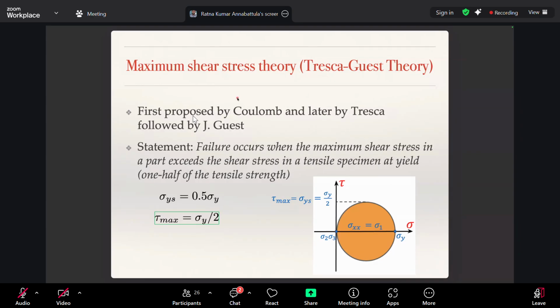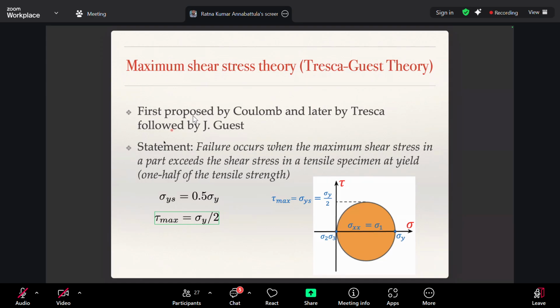This was first proposed by Coulomb, and later improved in its description by Tresca and Guest, and hence the current version that we are using for ductile materials is called Tresca-Guest theory. In the beginning, with Coulomb, it was mostly on soils. They used the shear stress theory, but for metals, ductile materials, the description was mostly formulated by Tresca and Guest, and that is the version that we are using now.